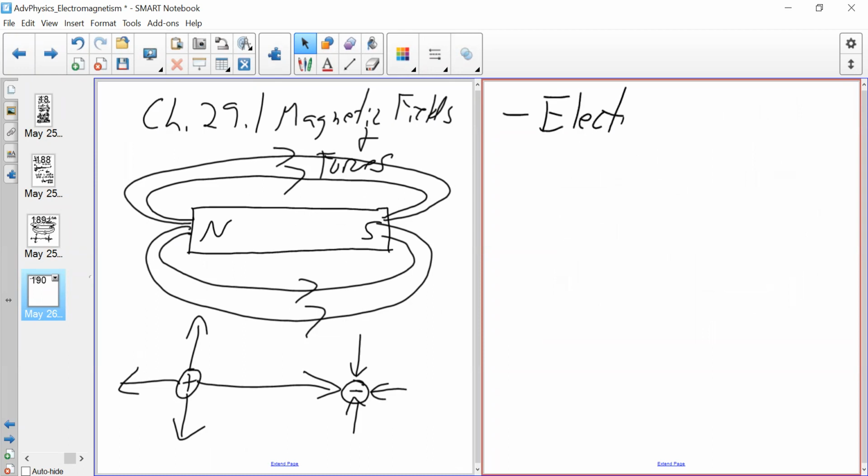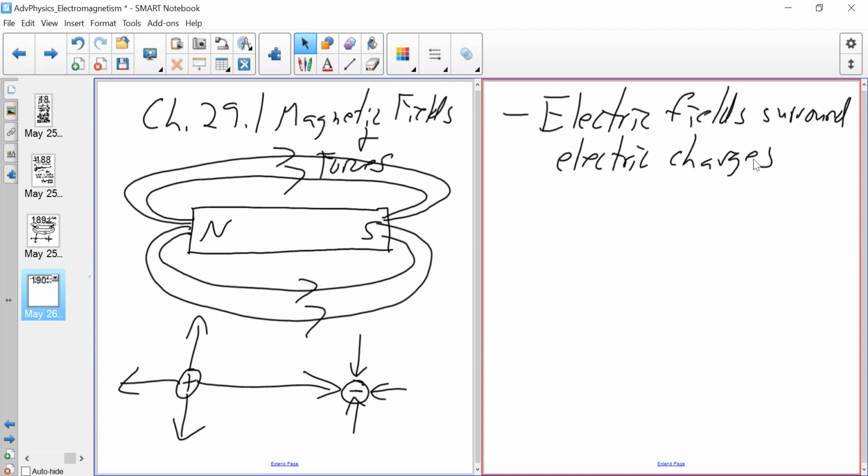So as we have here, we understand that electric fields surround electric charges. We know that already.